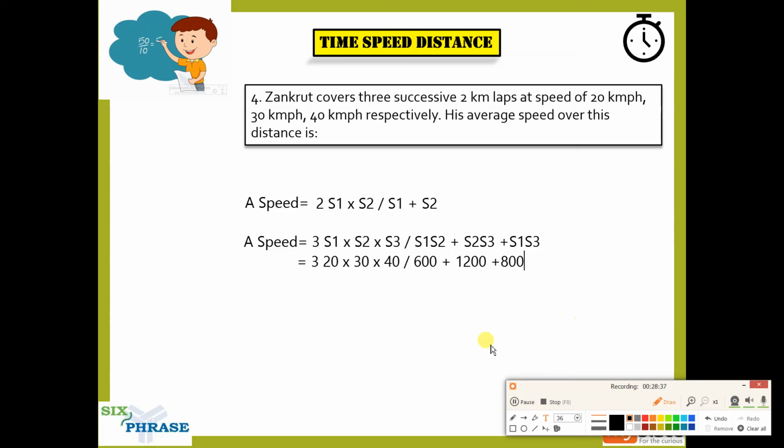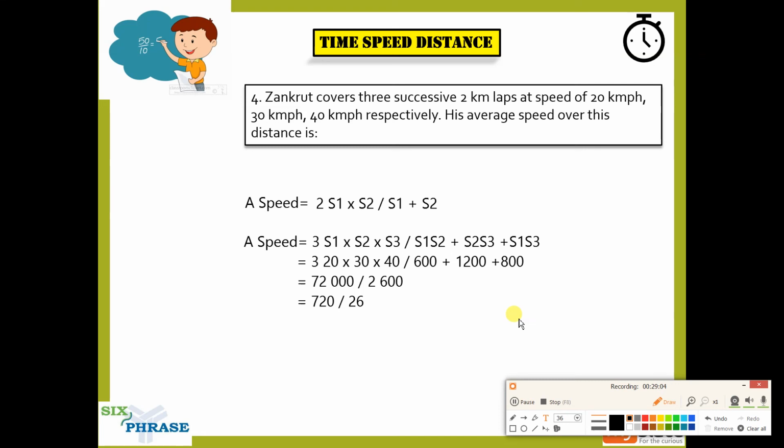So you solve this and you'll get the answer. This should give you 2720 by 26, whatever that is. I think something like 27 point something. Anyway, that is going to be the answer.